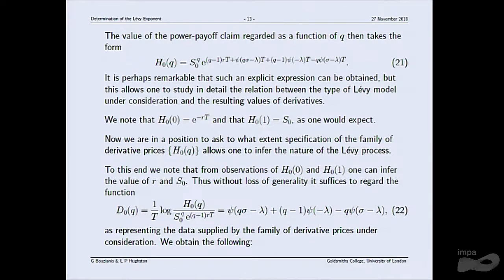So this means that if we go back to the formula for h naught of q, we can divide by a term involving the interest rate and the initial value of the asset, since we have that data, and take a logarithm and divide by t. And then this gives us a function which we'll call d naught, which can be thought of as representing the data supplied by the family of derivatives under consideration.